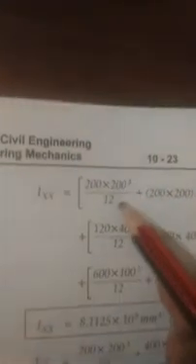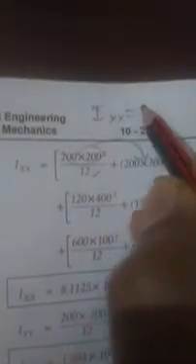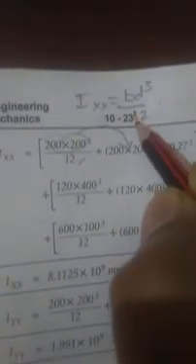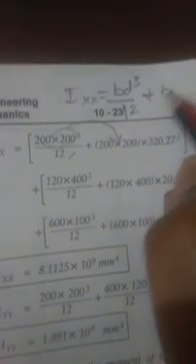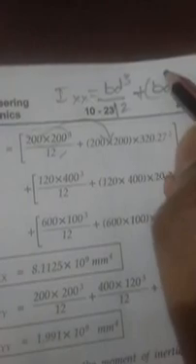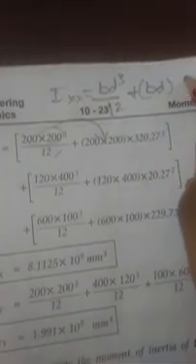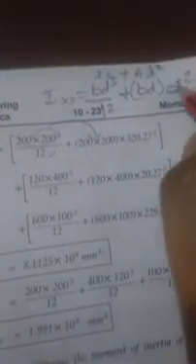So that is 200 by 200; this is the area, and whatever the area is, write it the same. The formula is Ixx is equal to bd cube divided by 12 plus area into d square, that is Ic plus area into d square. The area I have written as bd; you simply write it as b into d. Cube you leave it; this d only you have to write.